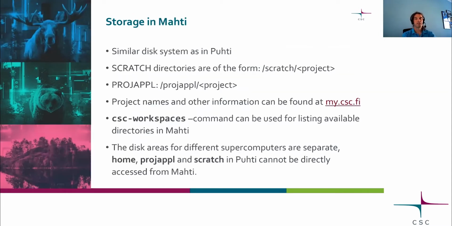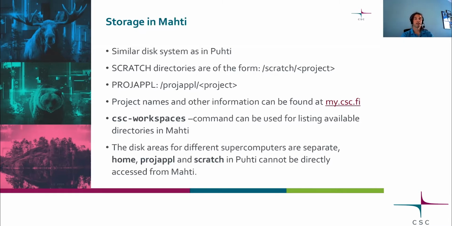The disk system in Mahti is very similar to Puhti. So there are basically 3 different directory areas. There is the home directory. Then there is a scratch directory for more temporary and larger data storage. And then there is an Allas directory.